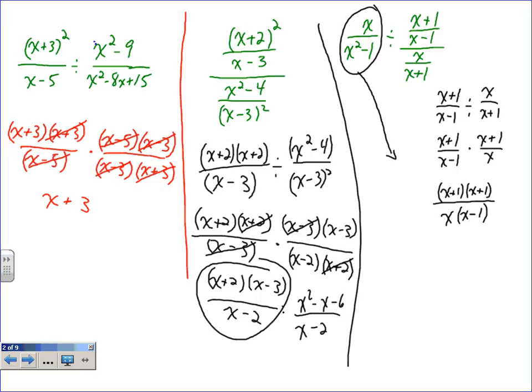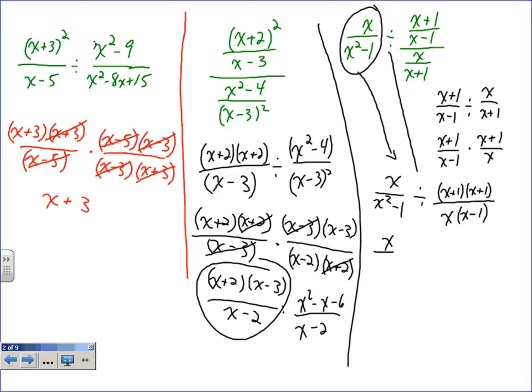Now we'll take this that says x over x squared minus 1 divided by what I got when I did the second one first. And don't we have to flip and multiply? Okay.